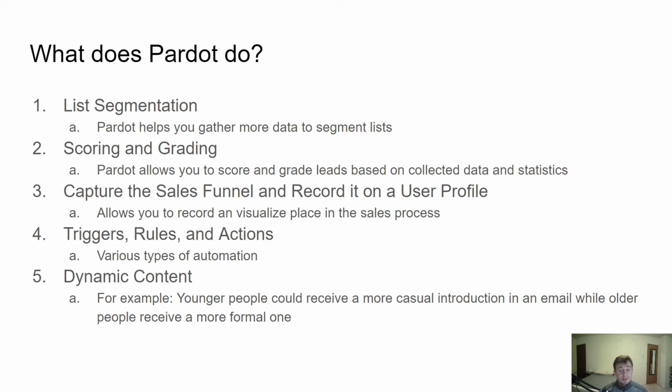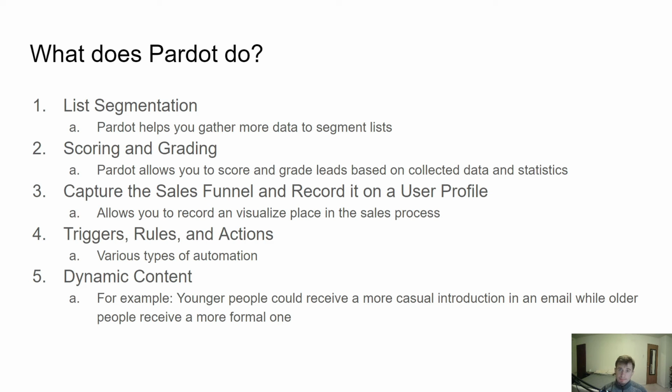Next is to capture the sales funnel and record it on the user profile. Pardot makes lead history more visible. It shows you where they are in the pipeline, what has succeeded, what sort of touch points have already been made, and in doing this, it gives you more insight into the history of leads. Then triggers, rules and actions. So this is what I was talking about before with manual types of automations.